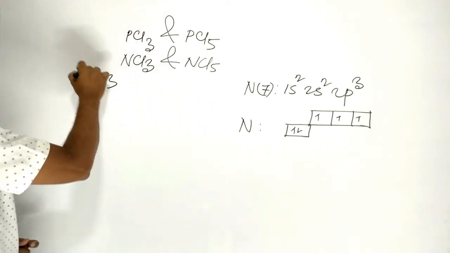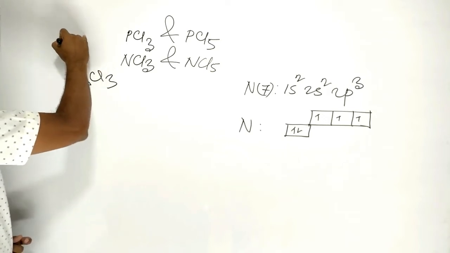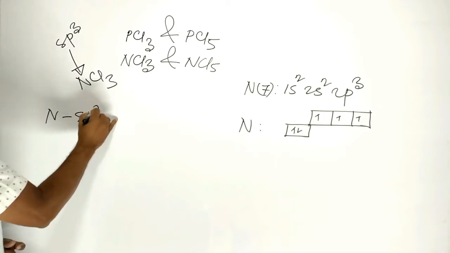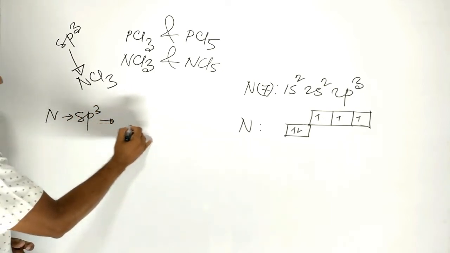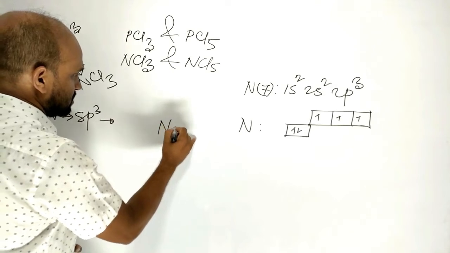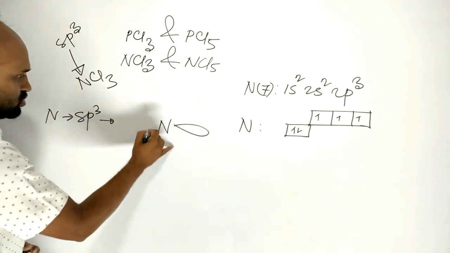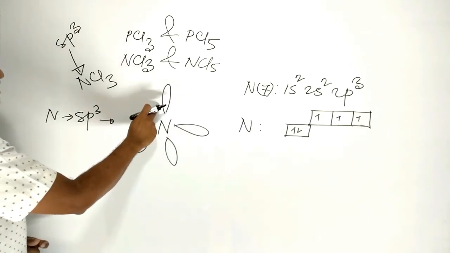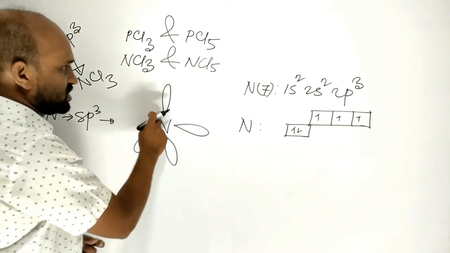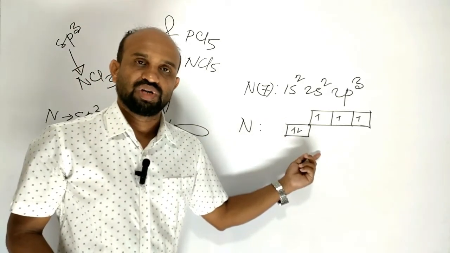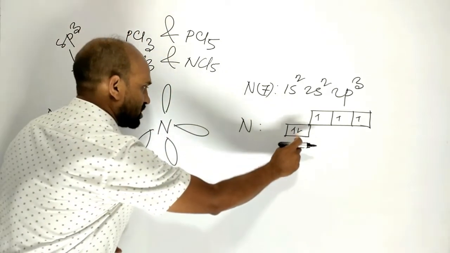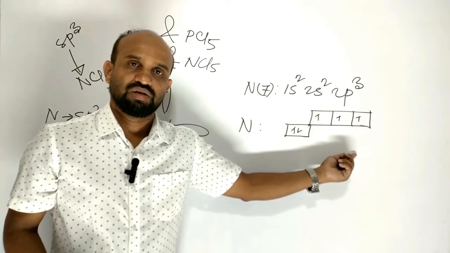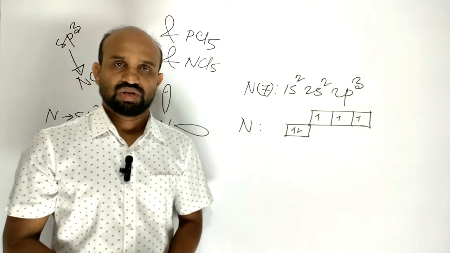In nitrogen trichloride, nitrogen is sp3 hybridized. The orbital structure is this: 1, 2, 3, and this is the last orbital, the sp3 orbital. Out of these 4 orbitals, one orbital contains 1 electron pair and the other 3 orbitals contain 1 unpaired electron each.